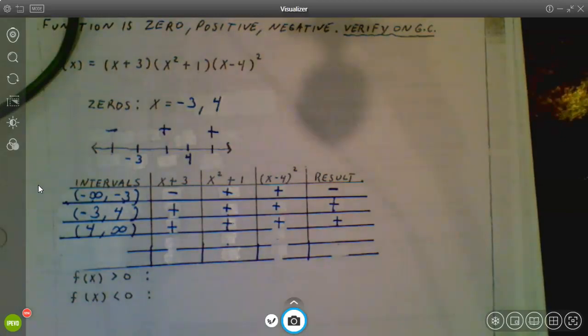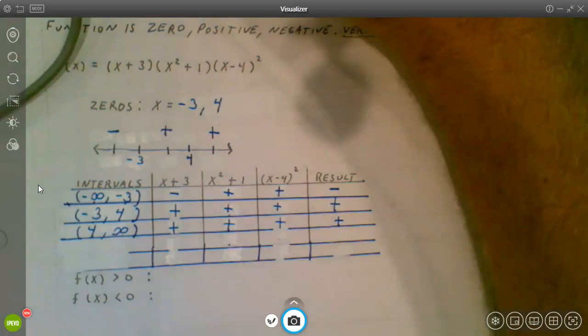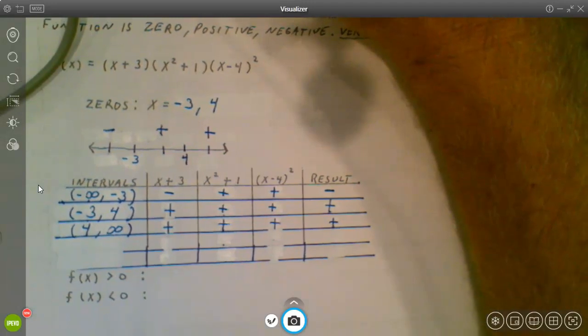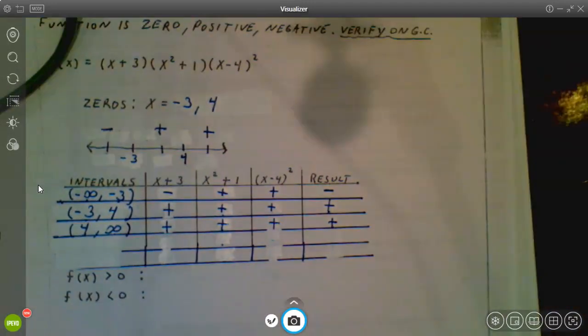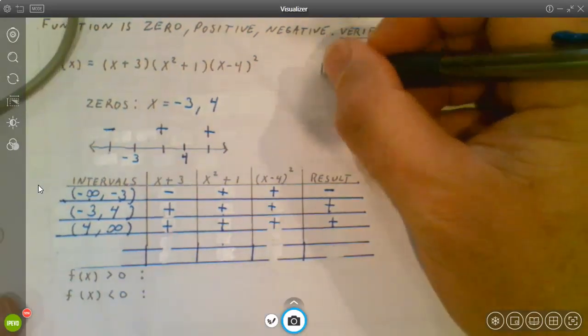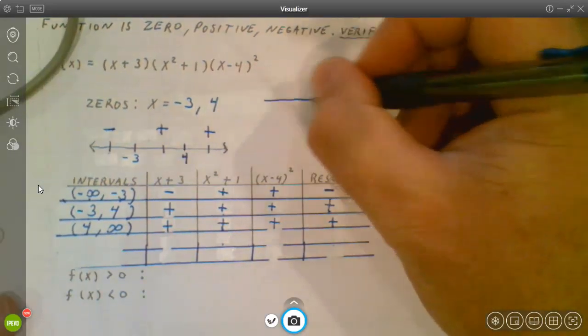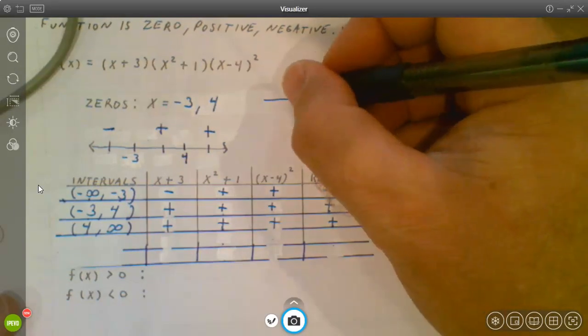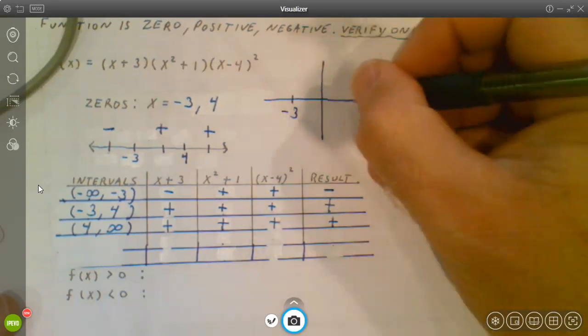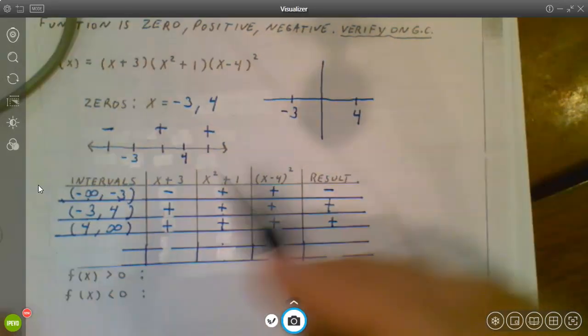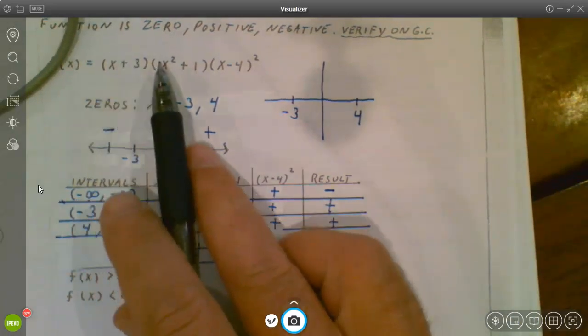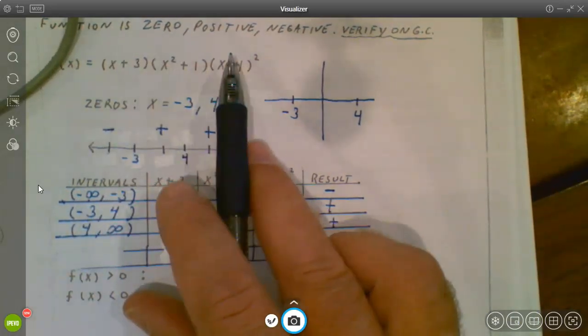So here's what I want you to recognize. A lot of this you probably should have figured out, or could have figured out, just by thinking of what this graph would look like. If I consider a real simple sketch here, I know overall this is x to the first, x to the second, x to the second again.